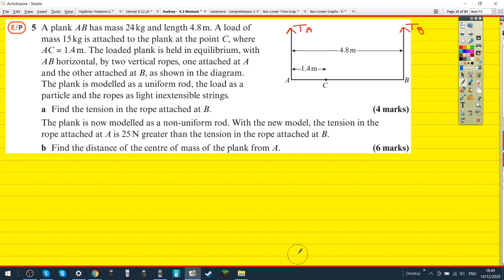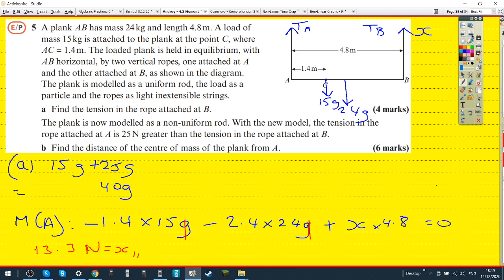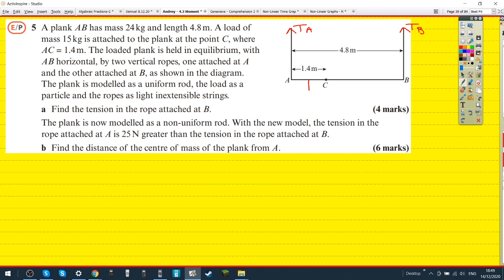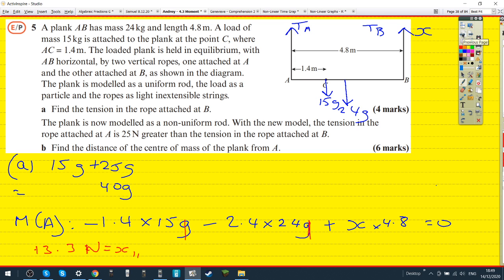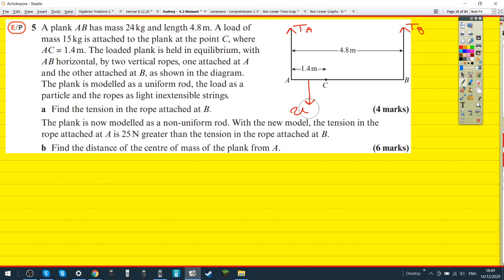So it's a non-uniform rod this time. With the new model, the tension in the rope at A is 25 greater than B. Let's say they moved it. I'm just going to say they moved it to there. If the tension is greater at A, then maybe it's closer to A. So it was 15G, 24G. That's 24G. That's 15G. And how can we express the tension in A, tension in B?